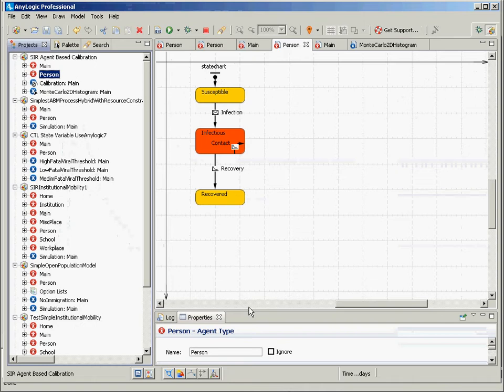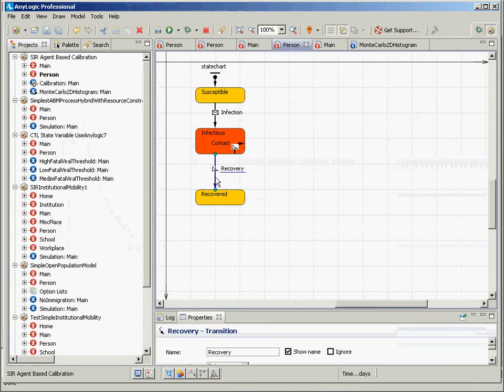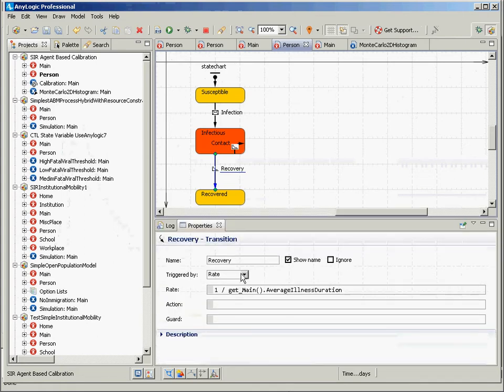Good. So there's in fact several processes. That's great. So we have the recovery process, for example, and this is dictated by the rate. This is mean time people spend in the state. Some people leave earlier, some people leave later. And the vagaries of those stochastics will lead to some variability in that trajectory.